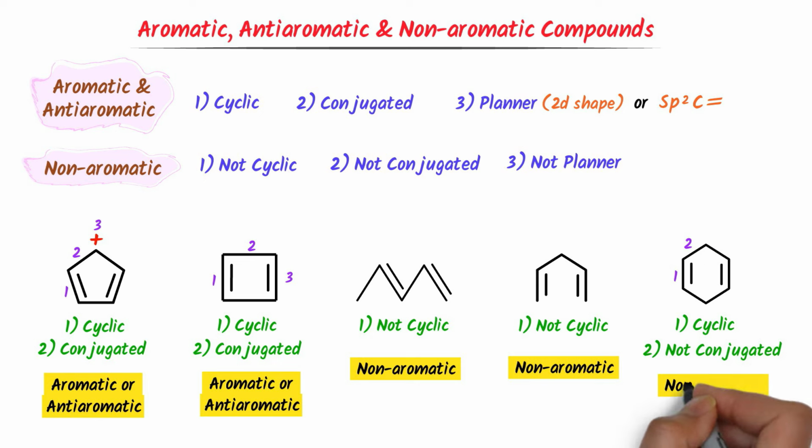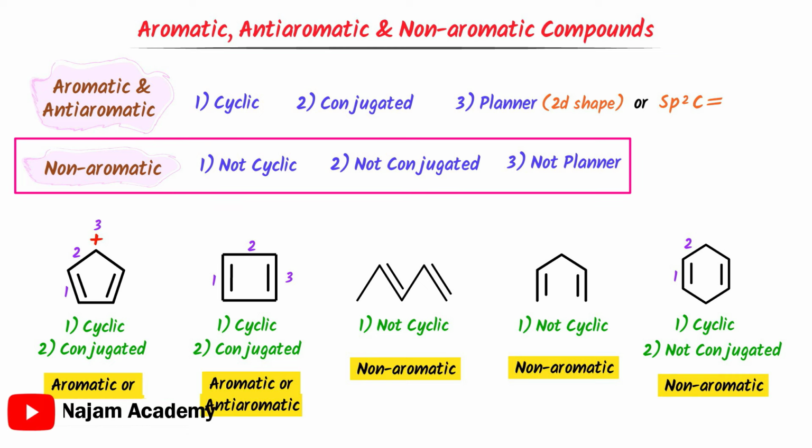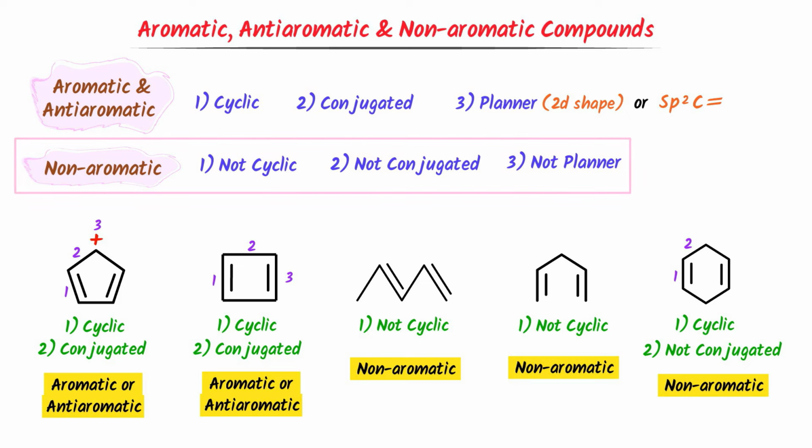Therefore, this is non-aromatic compound. Thus remember that if a compound is cyclic, conjugated, and planar, it is either aromatic compound or anti-aromatic compound. If a compound is not cyclic, not conjugated, or not planar, it is non-aromatic compound.